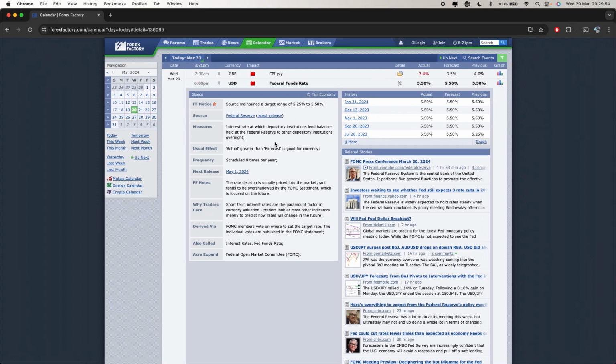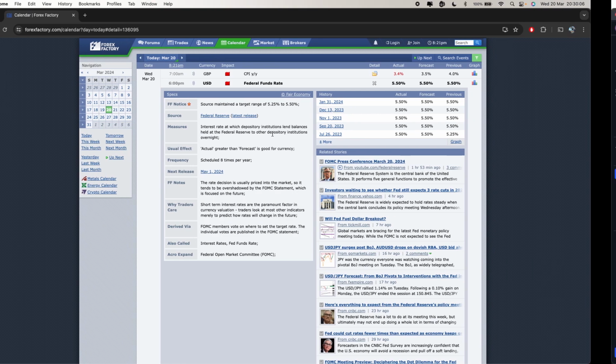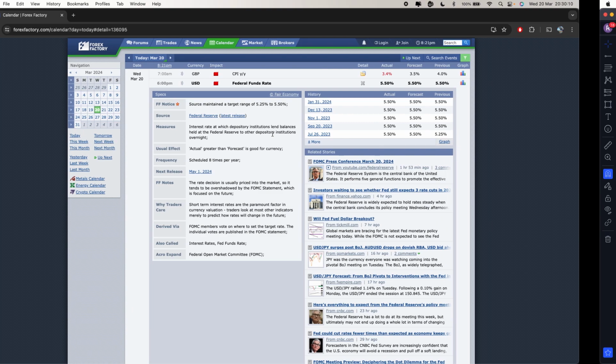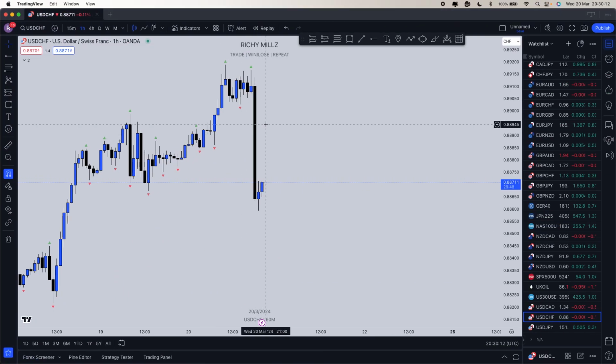If I go back to Forex Factory, as you can see, 6 p.m. That's the time that this specific news dropped. Again, the actual value was equal to what the forecast was. Therefore, the value of the US dollar isn't going to go up at that point. It has to be greater than in order for it to go up. That's what's caused this massive drop on a 1 hour time frame.